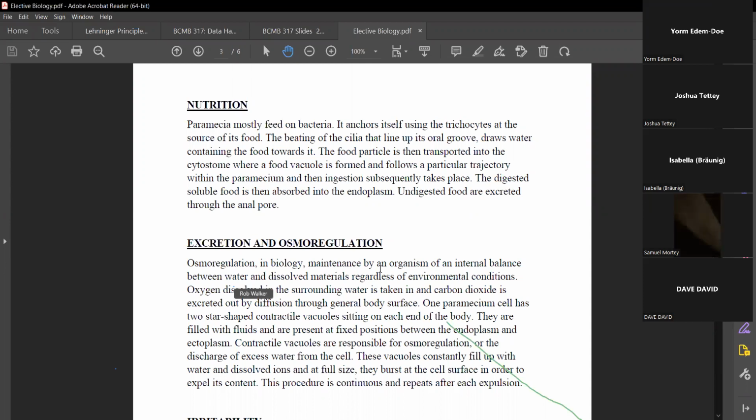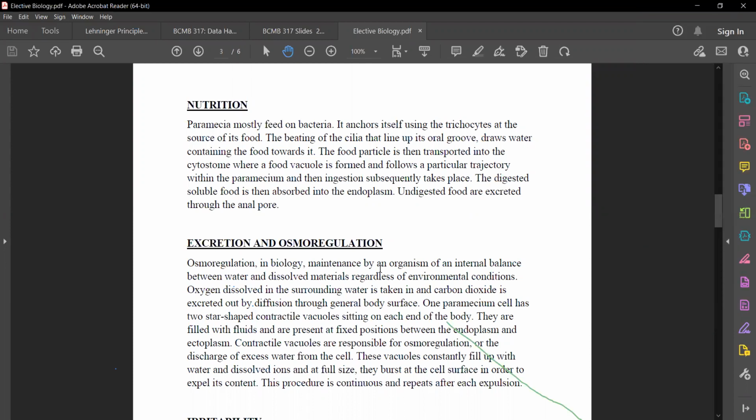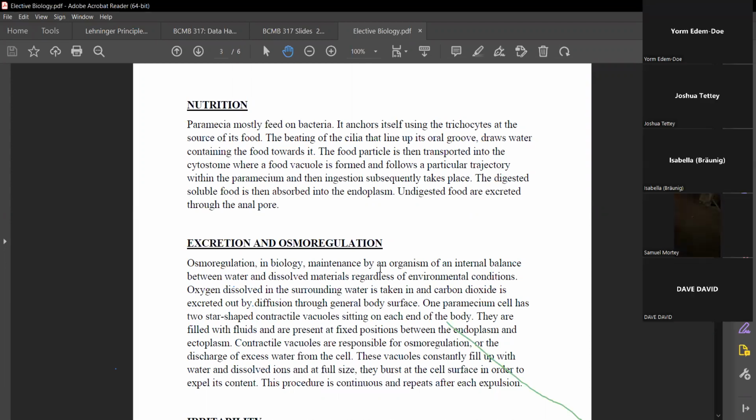At a point in time when it is full to capacity, it goes to fuse with the pellicle, let me say, or the outer covering of the paramecium, what we will call the plasma membrane. It fuses with it such that the excess water is expelled out of the cell, right? So you have the excess water, which would have certain dissolved ions, out.